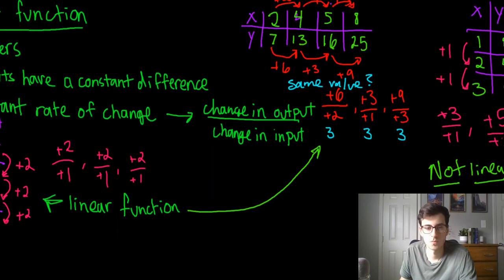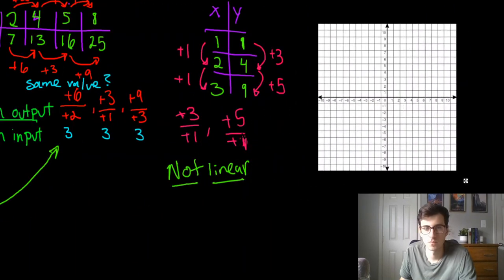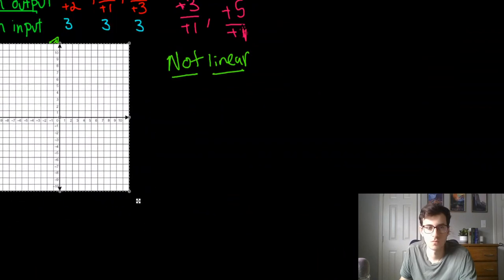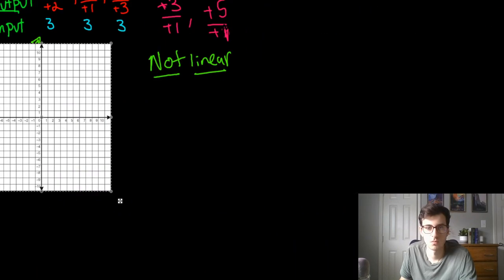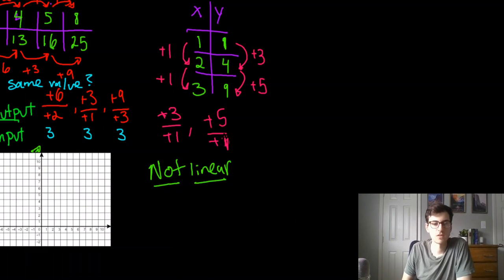So I'll just show you the graph of these two. I'll show you the graph of this one, and then I'll show you the graph of that one. Okay, so here, the graph of this one, let's make this one red.